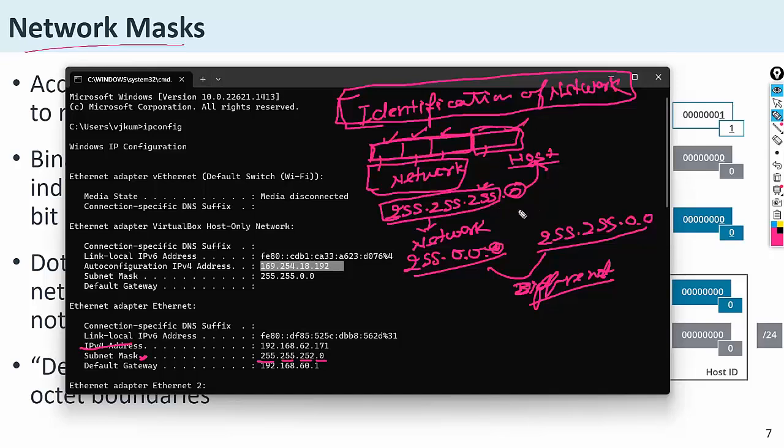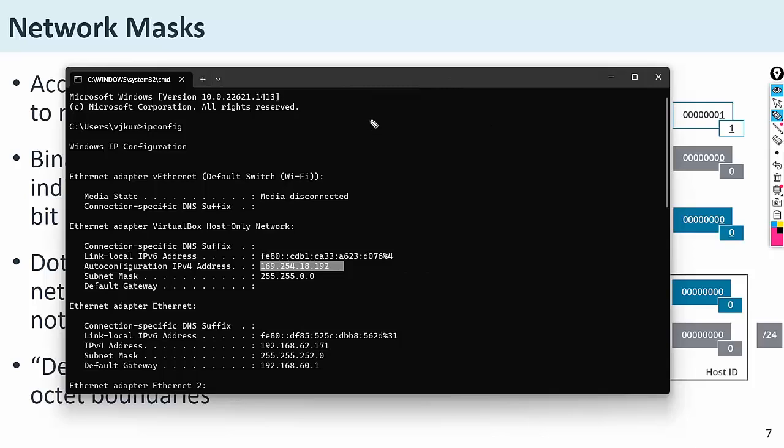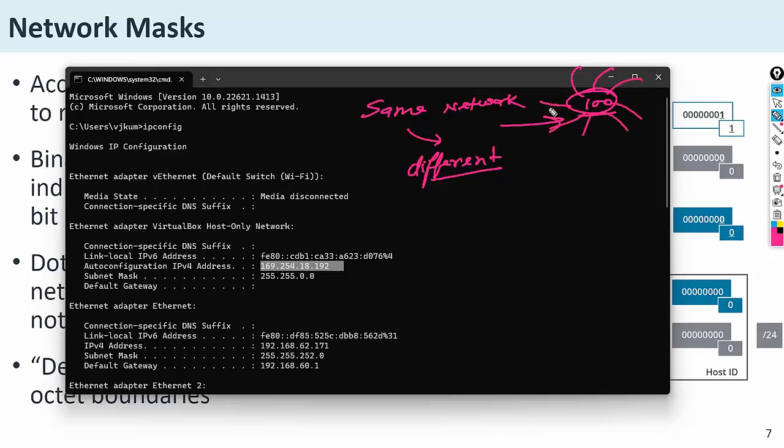So why is there a requirement for different network or the same network? You have learned somewhere that the same network can communicate with each other. Different networks cannot communicate, because they are not in your network.